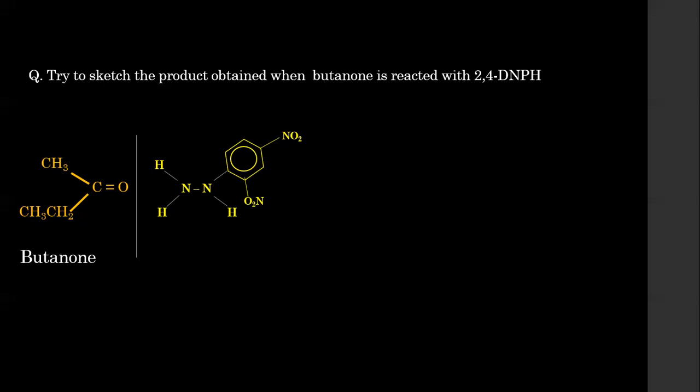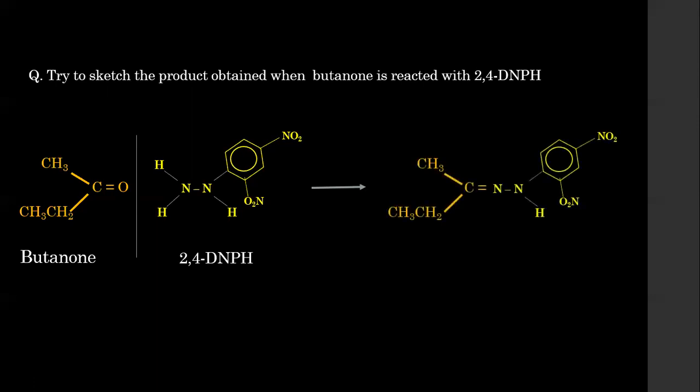Probably I can give 20-30 seconds. See how efficient you are. Okay, I think you were able to figure out the product structure. See whether you were able to figure out this.